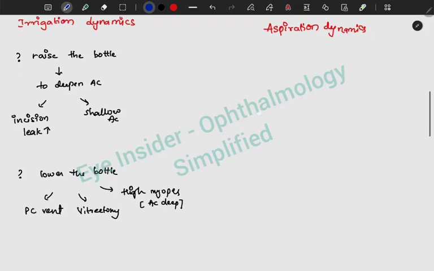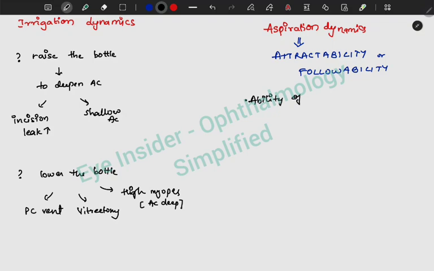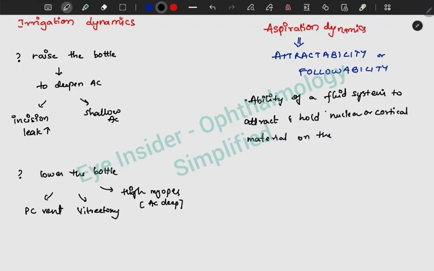Then coming to aspiration dynamics. Aspiration decides the attractability or followability of the particles in the AC. We have lens matter in the AC which has to come to the tip. That is the attractability. It is the ability of a fluid system to attract and hold the nuclear material or cortical material at the tip of the ultrasound or the irrigation or aspiration fluid.